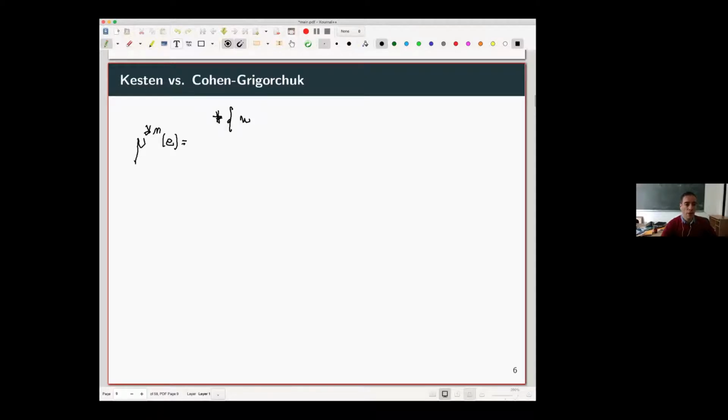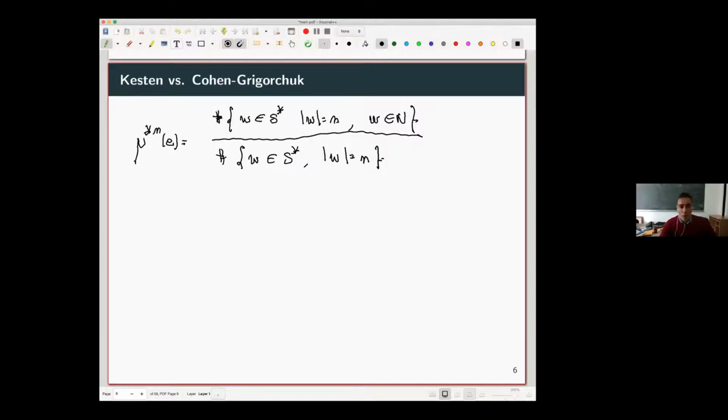On one hand, you count all the words over your alphabet S which have length n, and such that the element of the group that they represent belongs to the normal subgroup N. And you compare to the number of all words on your alphabet S whose length is n. That's the probability that after n steps you go back to the identity. This is the kind of thing you consider when you look at Kesten's criterion.